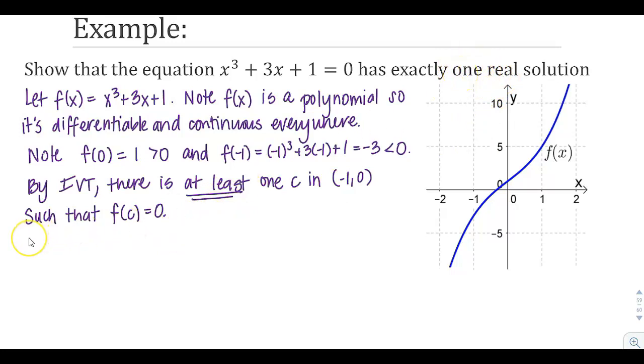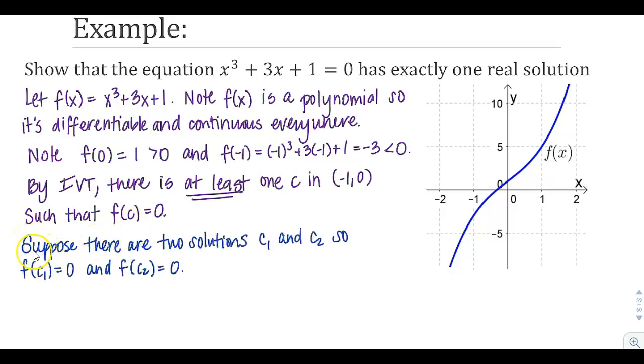So we're going to learn what's called a proof by contradiction. We're going to start by assuming there are two real solutions and then find a problem with that. So we write, suppose there are two solutions, call them C1 and C2. So that means that f of C1 equals 0 and f of C2 equals 0.